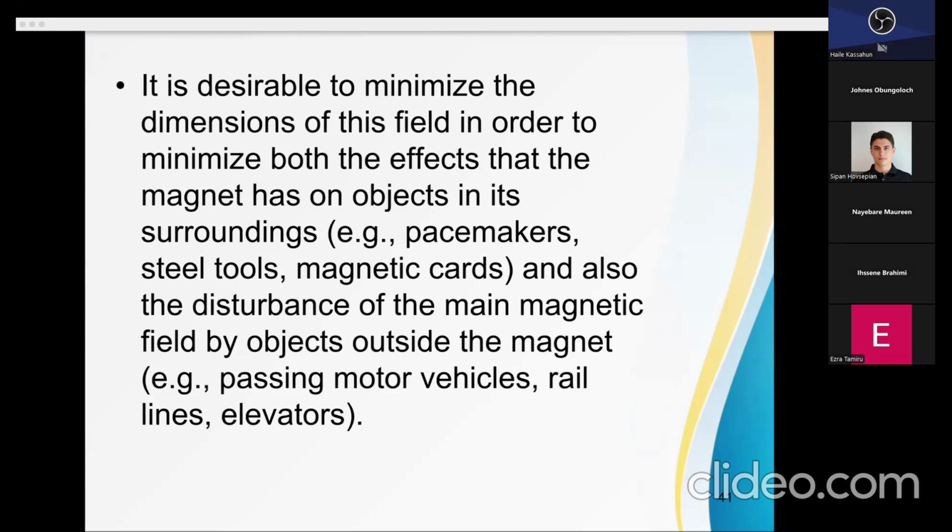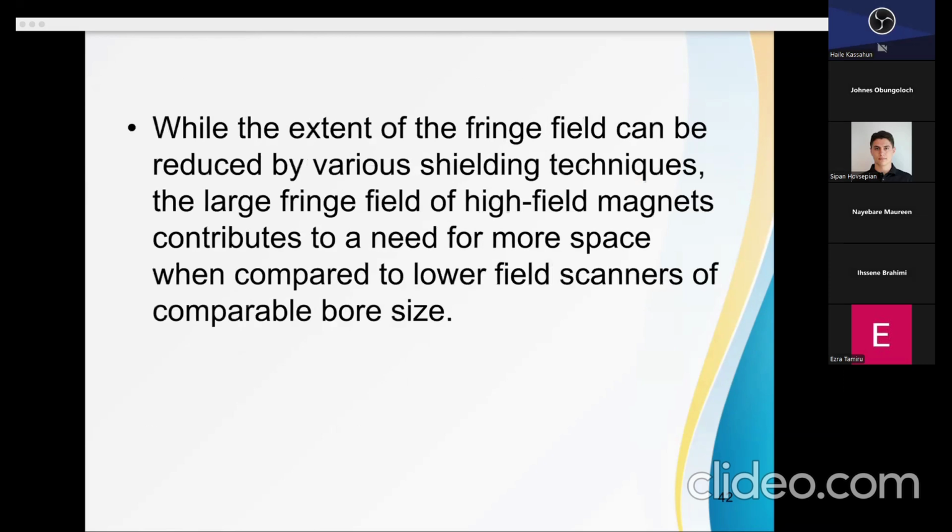Because you might need to shield the room to prevent stray magnetic fields, to prevent people from walking into the system. You can't take it closer to the patients. It has to be fixed or something like that. So depending on the magnet that you have, the siting or locations matter a lot.